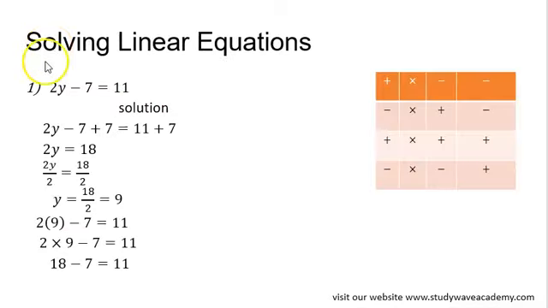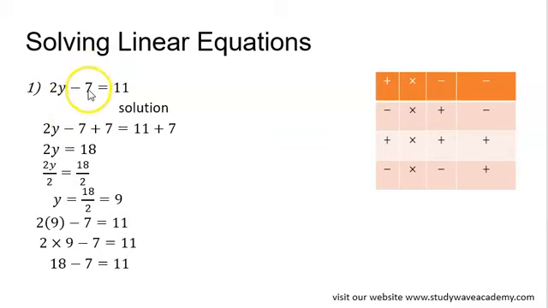Our first example here, we have 2y minus 7 equals 11. So the first step we are going to do is look for a way to isolate this variable y, because we are looking for y. We are first of all going to use this 7 over here.